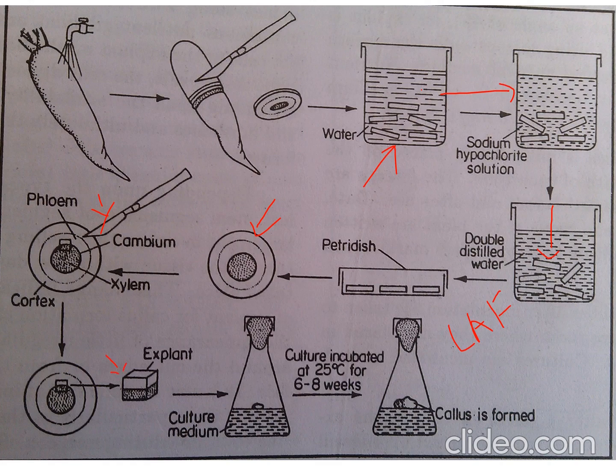The explant is then cultured in a media containing the proper concentration of auxin and cytokinin. The culture is incubated at 25 degrees Celsius for 6 to 8 weeks. After that, this small portion gets converted into a mass of callus. So this is the protocol for developing a callus using carrot tissue.